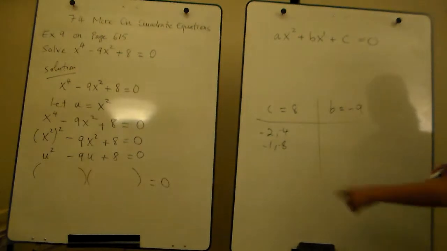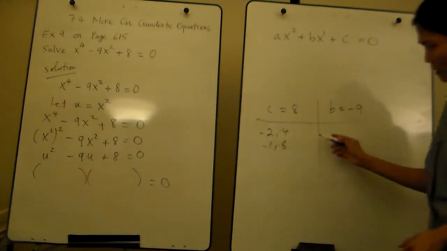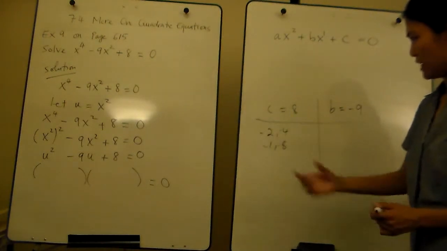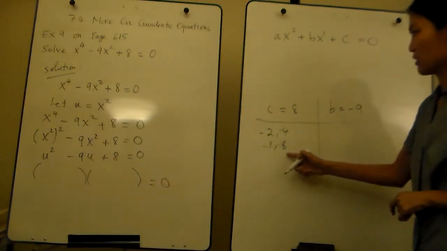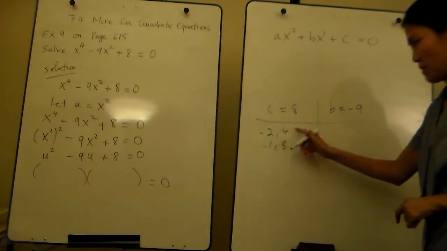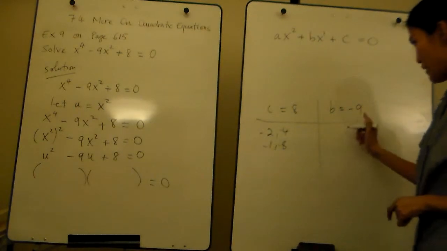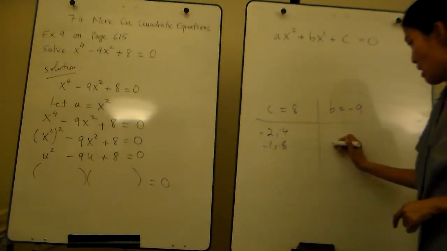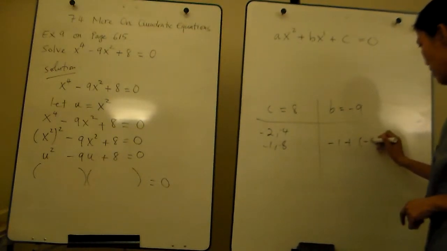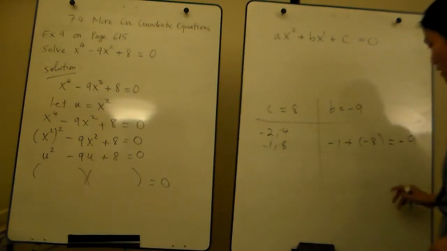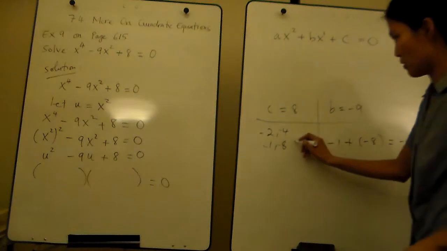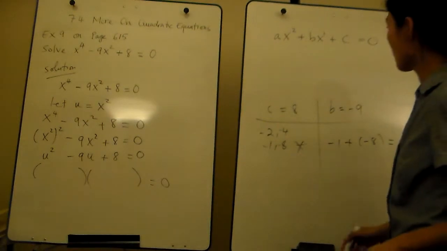Okay? Now you think about what combination of these two factors, when you take the sum, will equal b. Looks like this is okay. Not this one, because you add these two, you won't get b, but you add these, negative 1 added with negative 8, you would get negative 9, okay? Alright, so I'm going to use these factors here.